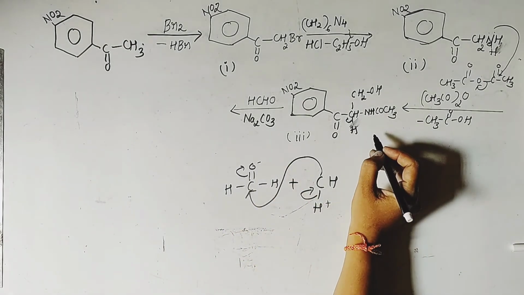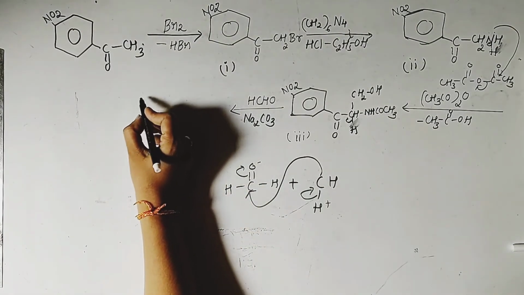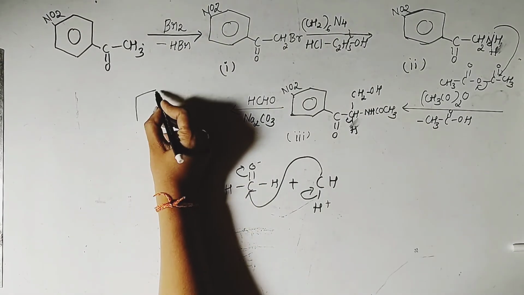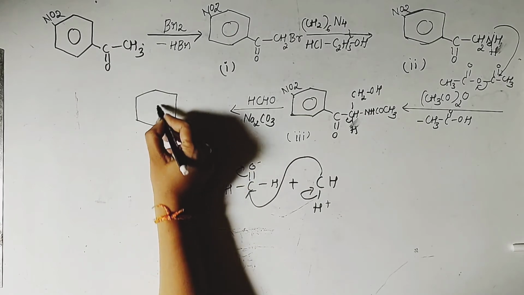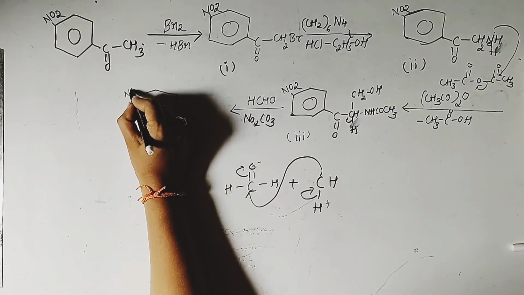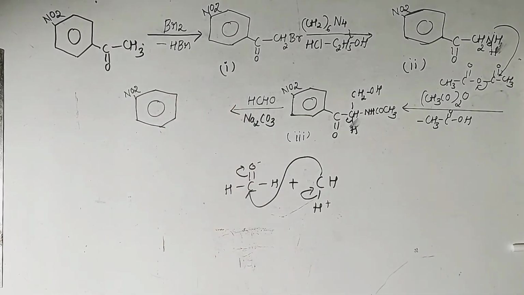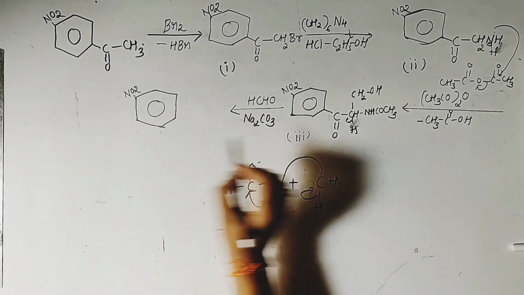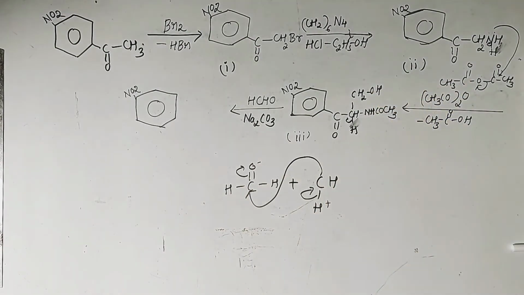So this is the molecule we will get. I am writing here. The first part is as it is, there are no changes. This is NO2. I have made changes here only.